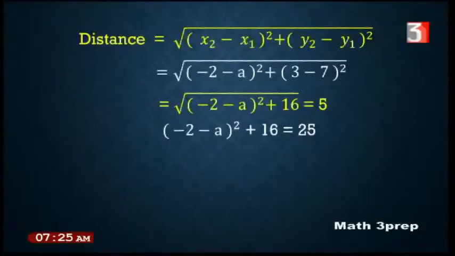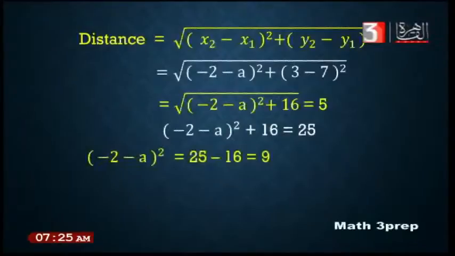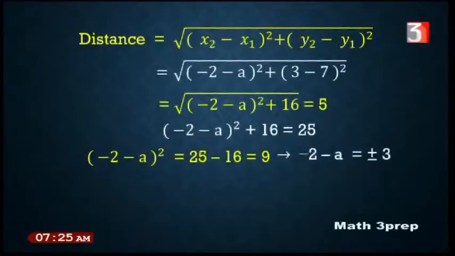Then, by subtracting 16 from both sides of the equation, you are going to find (-2 minus a) squared equals 25 minus 16, which gives a result of 9. Then, -2 minus a equals positive or negative 3 by taking the square root on both sides.